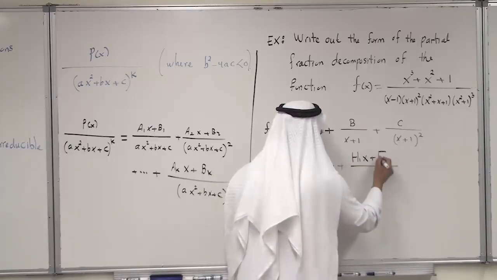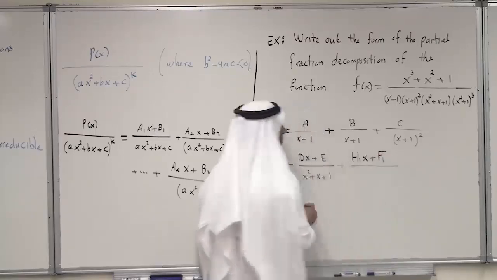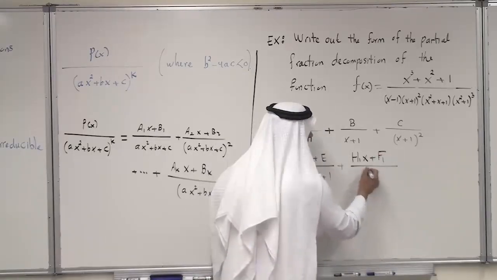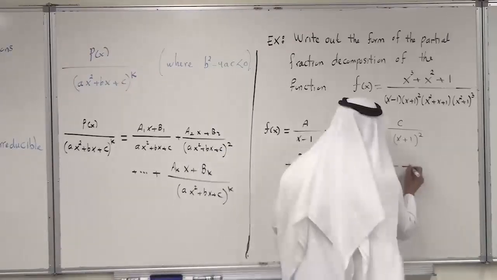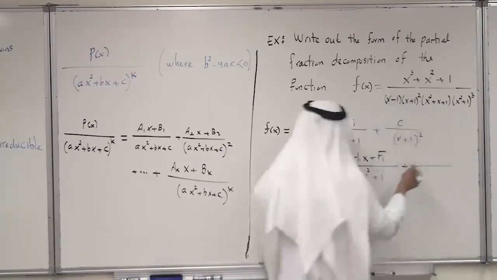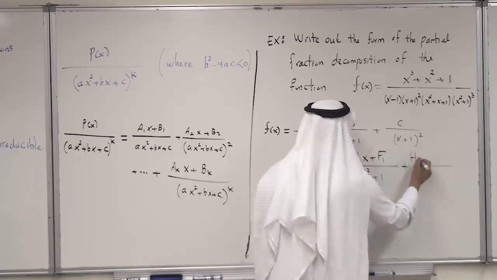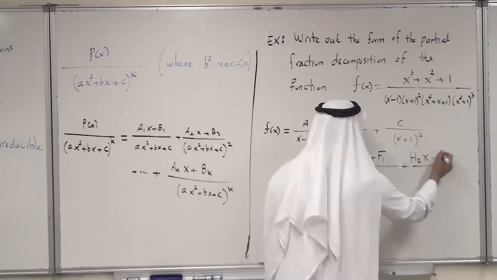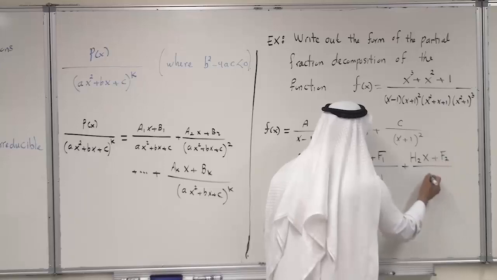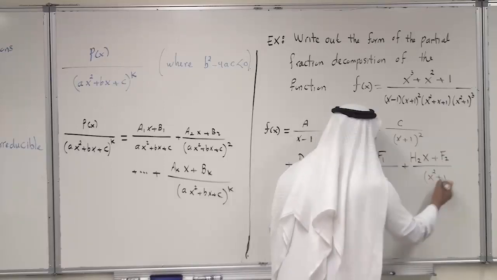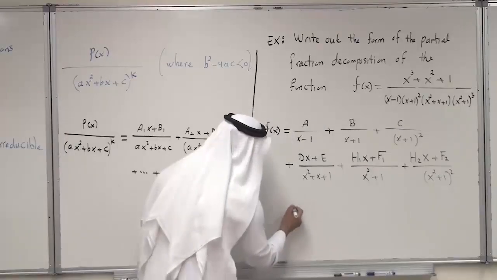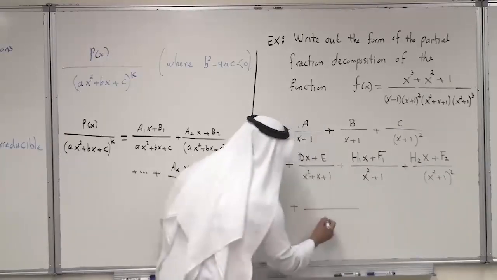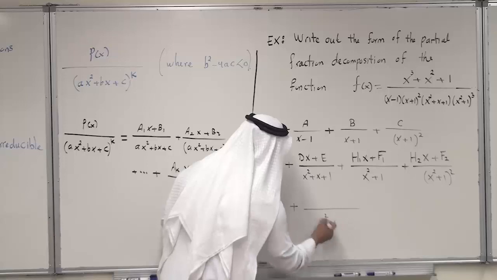For example, f1, this is one polynomial. It is divided by x squared plus 1. We start with the power 1. Then we move to the second one, so the second polynomial. So I call it h2x plus f2 divided by x squared plus 1, all squared, until we reach the 3 here. So plus, the last one will be x squared plus 1, all cubed.